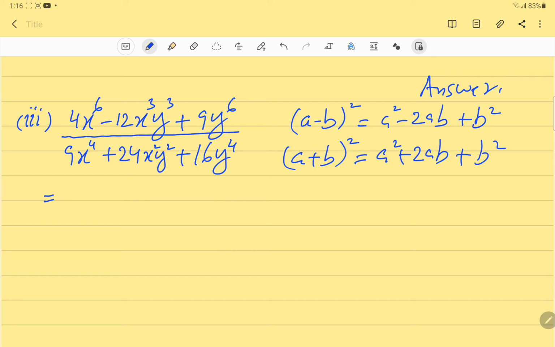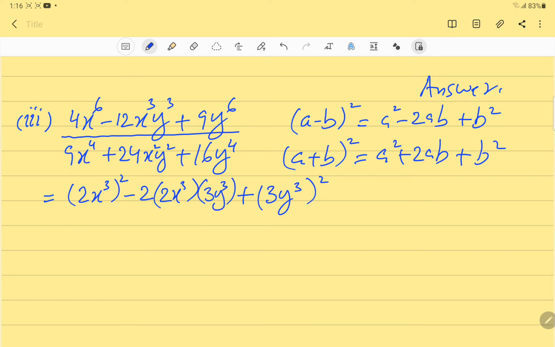The first term of the numerator is 4x^6, which is the complete square of 2x cube, and the last term is 9y^6, which is the complete square of 3y cube. Now the middle term should be the product of these two, multiplied with 2, and minus has to be placed there. So we write minus 2 times 2x cubed into 3y cubed.